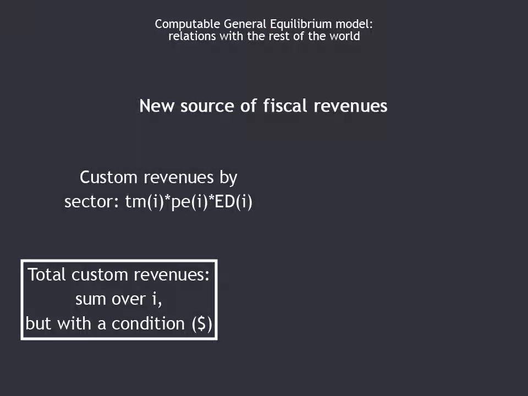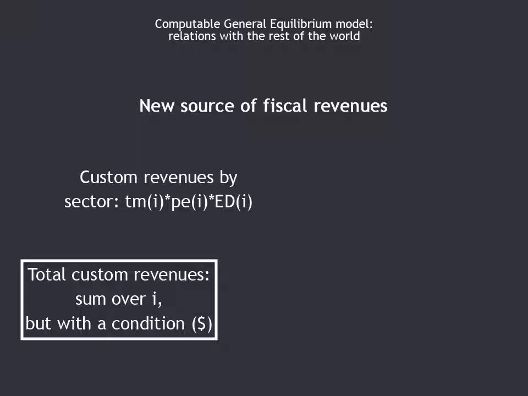So, in fact, there is a problem with total custom revenues. Why? Because, in fact, to obtain these total custom revenues you have to sum custom revenues by sectors over all sectors. But the problem is that you've got sectors without any imports. So you must add a condition.